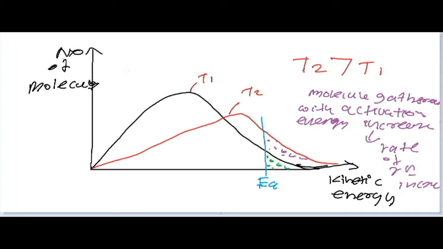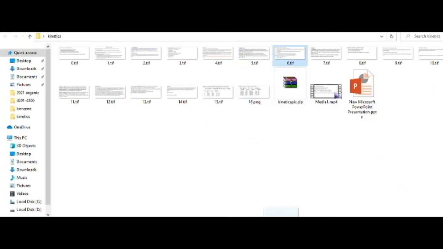So this is the graphical explanation of the effect of temperature. I think this is a very simple thing you can understand. Then I am going to move on to the next factor.